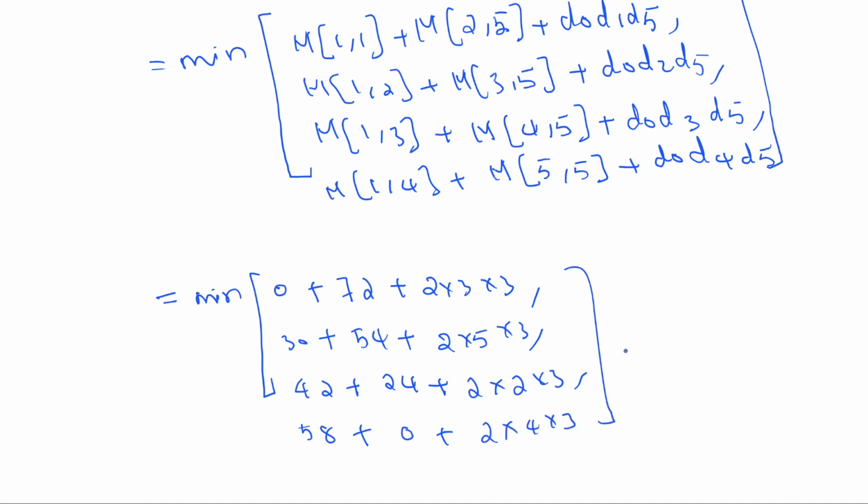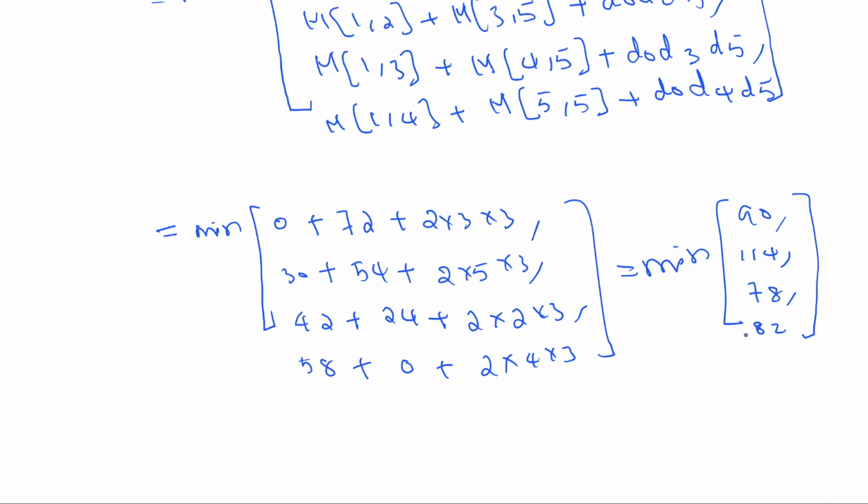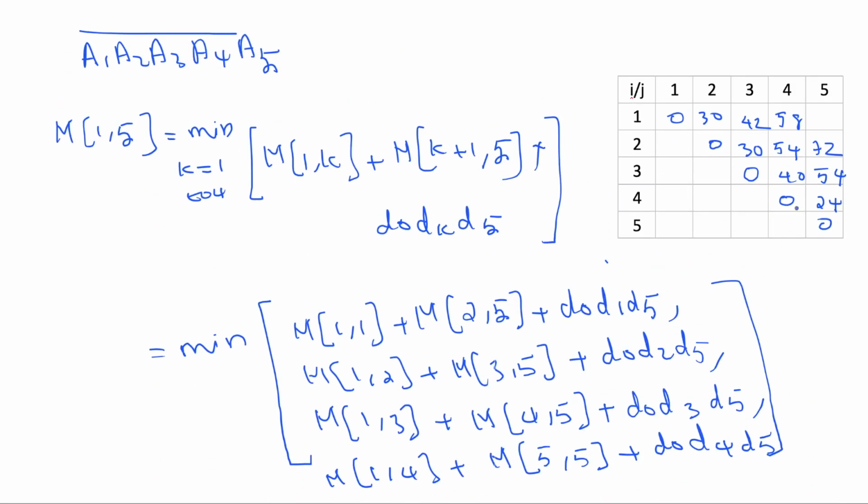Okay, so this will be the minimum of 90, 114, 78 and 82. Okay, so the minimum of this one is 78. This is when k is equal to 3. Okay, so I can fill up the table with the last value, which is 78.